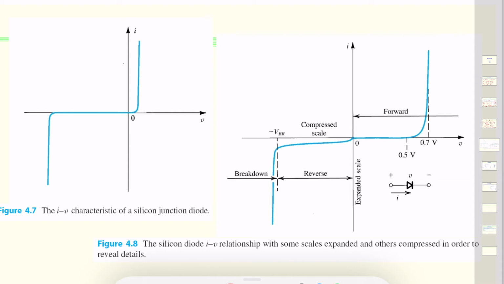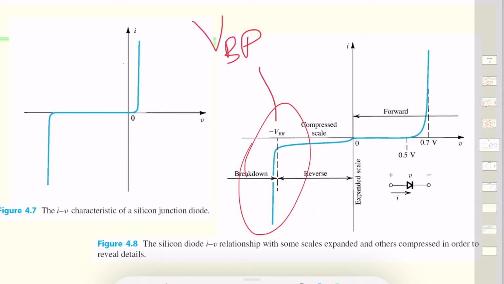There are two reverse breakdown mechanisms that cause this breakdown to occur in reverse bias. One is called avalanche breakdown, and that happens at typical breakdown voltages of greater than or equal to 10 volts in reverse bias.